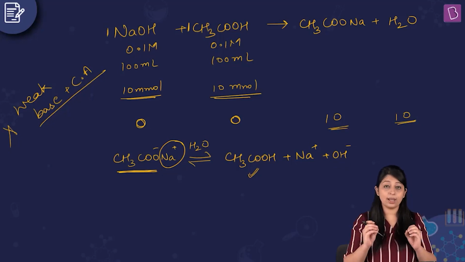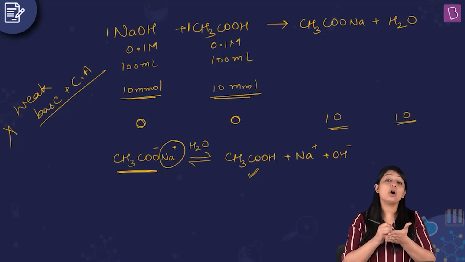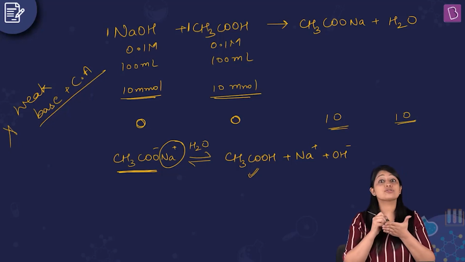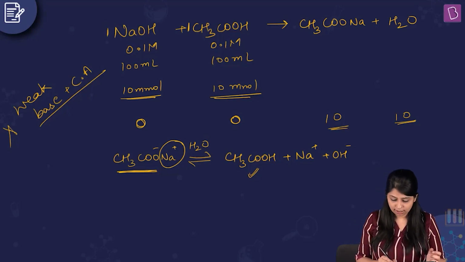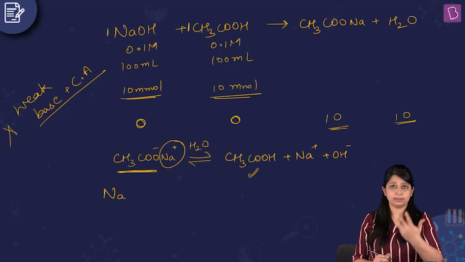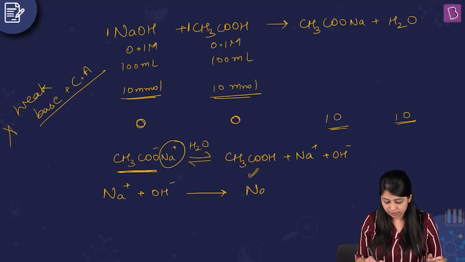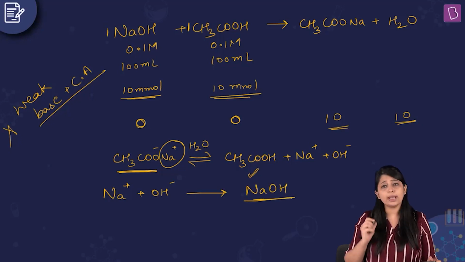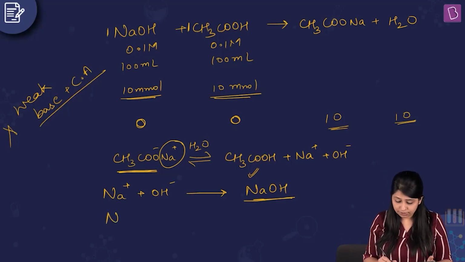Why? Well, always remember that the conjugate acid or conjugate base of a strong acid or a strong base is never going to get hydrolyzed by water. Okay, never. Why? Well, let's say for instance, if Na plus would have reacted with OH minus to give what? NaOH, right? But we know NaOH is a strong base. What happens to a strong base?